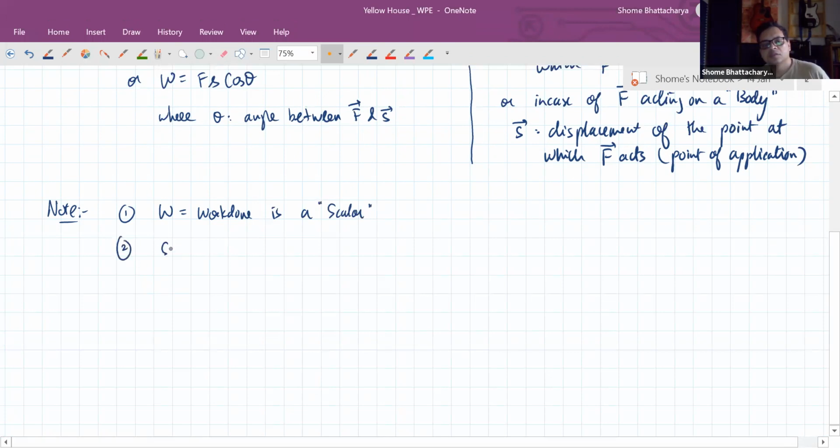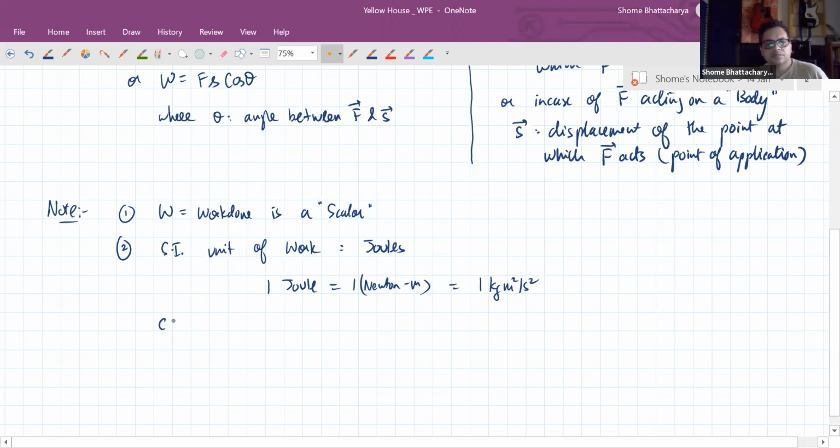Secondly, the SI unit of work is joules, where 1 joule equals 1 Newton meter, which is the same thing as 1 kilogram meter square per second square.